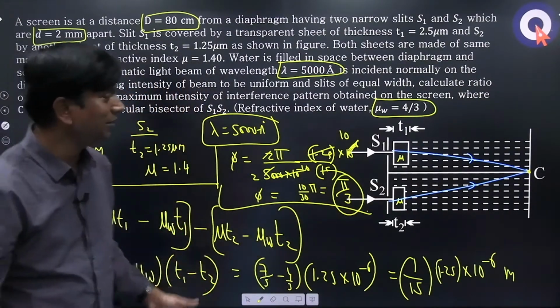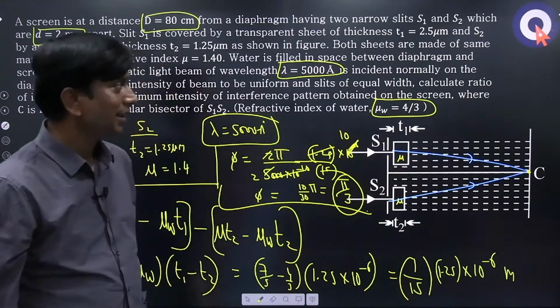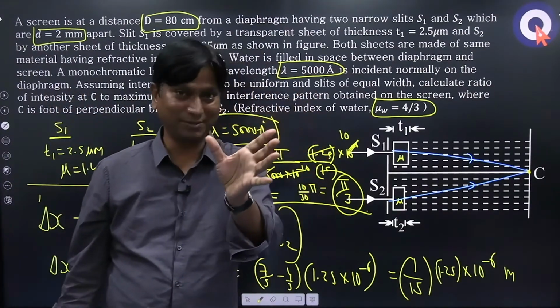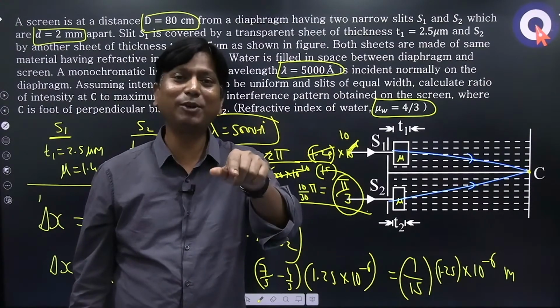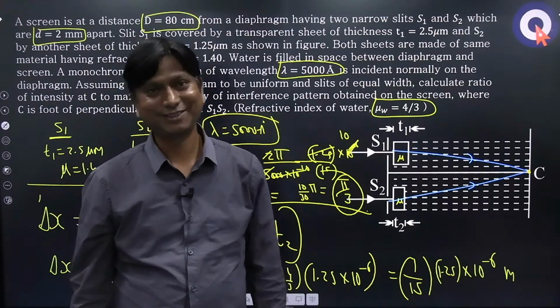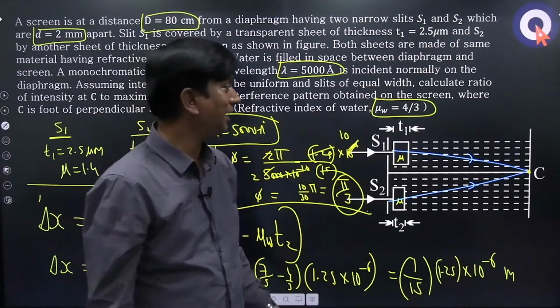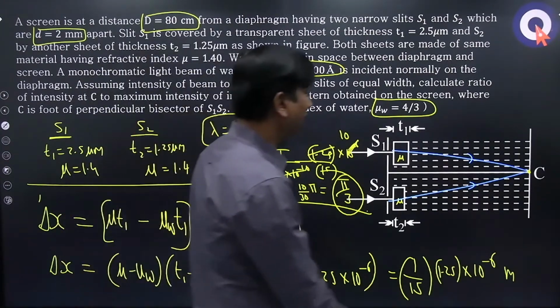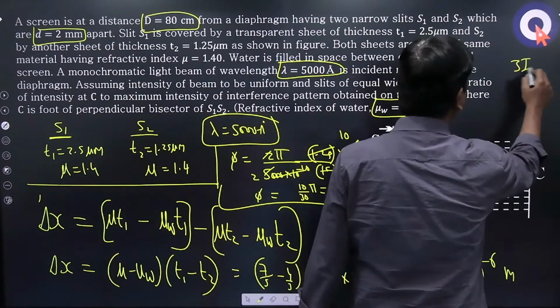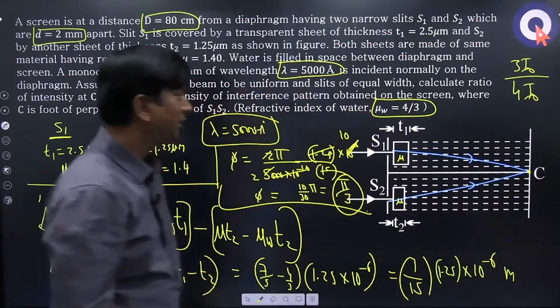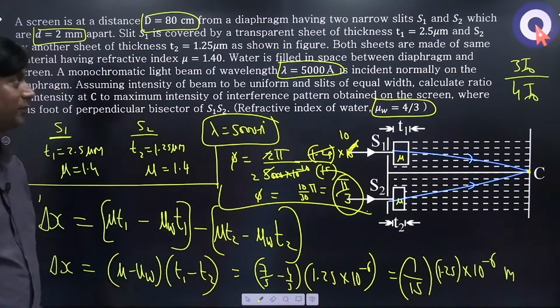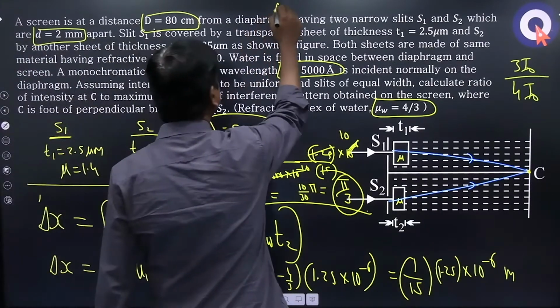So when the phase difference is pi by 3, amplitude becomes root 3 times A, and A, two amplitudes, so it becomes root 3 times. So intensity will become 3 I naught. Right or not? But they are asking the ratio of intensity at this point, which will be 3 I naught, and central maxima means 4 I naught. So the ratio will be simply 3:4 is the answer.